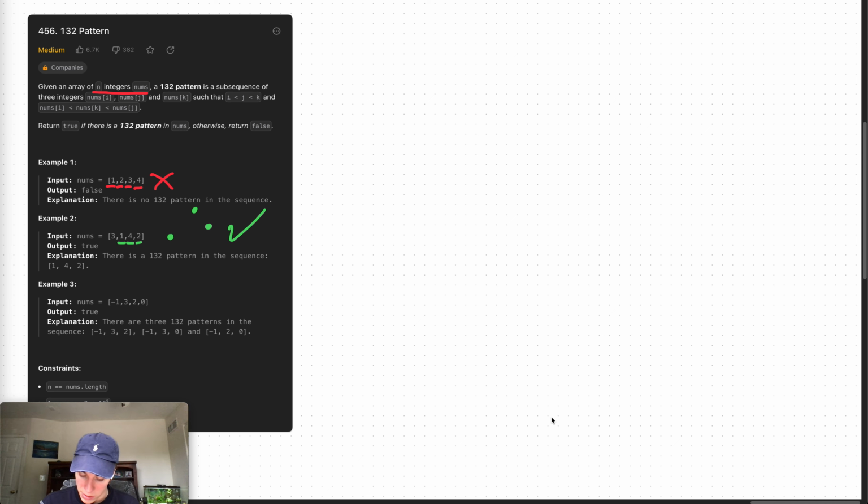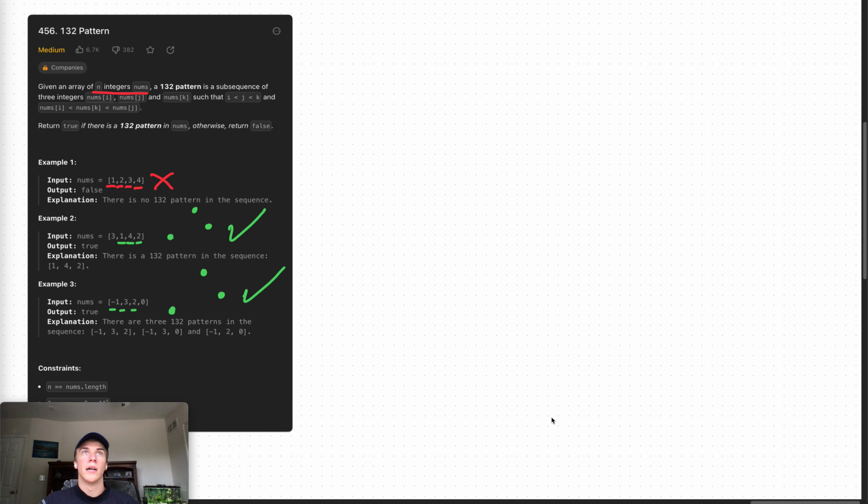So this passes. Let's look at another one. Negative 1, 3, 2. Negative 1, 3, and 2 somewhere in the middle. So also passes. Yep, this is definitely legitimate.